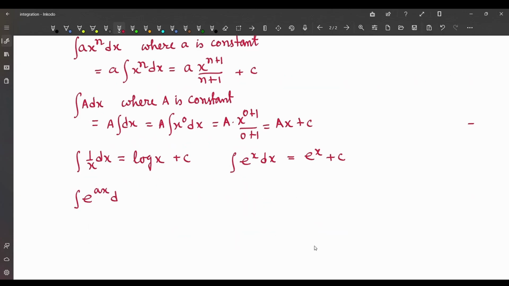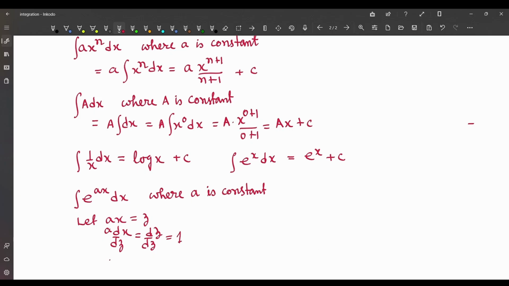Integration of e to the power ax dx, where a is a constant. Let ax is equal to z. Then we can differentiate this equation with respect to z, then a dx by dz is equal to dz by dz, that is 1. Therefore dx is equal to dz by a.